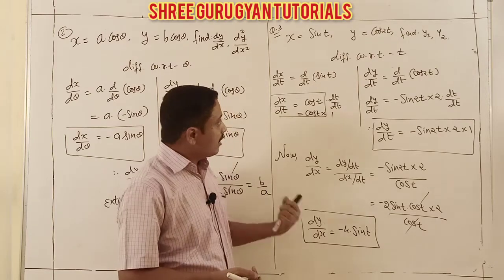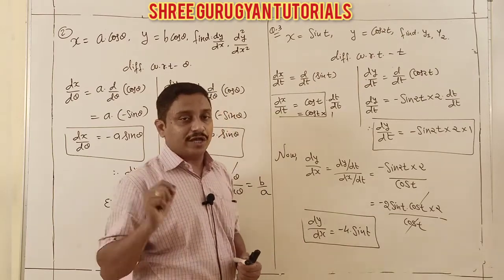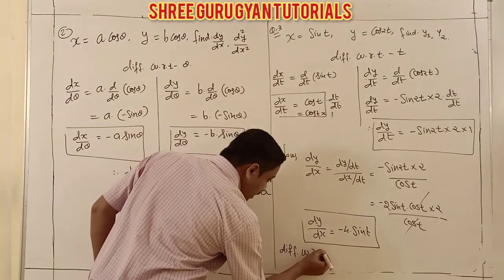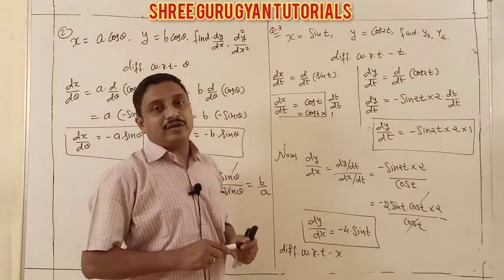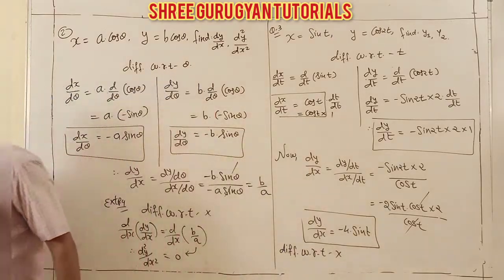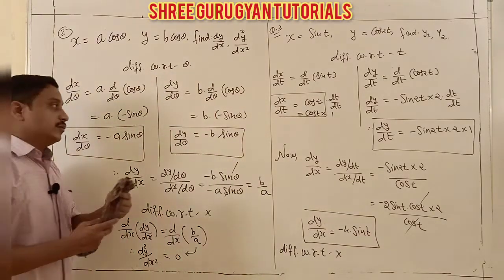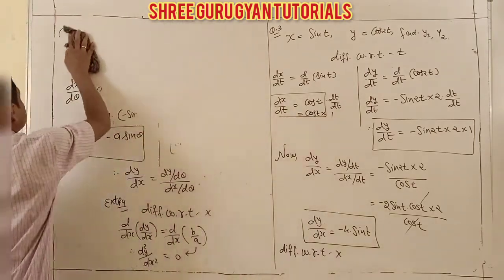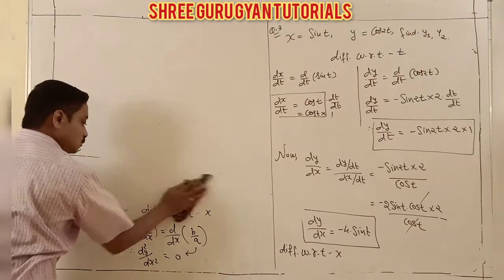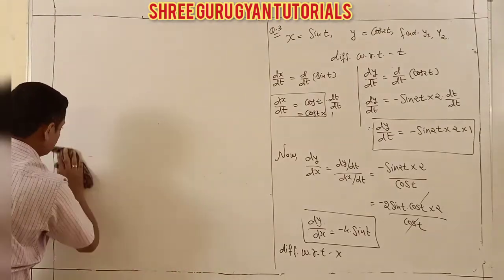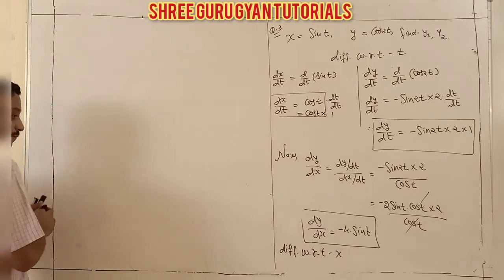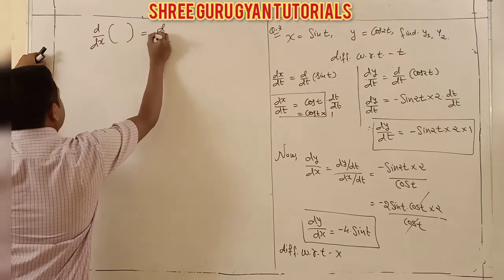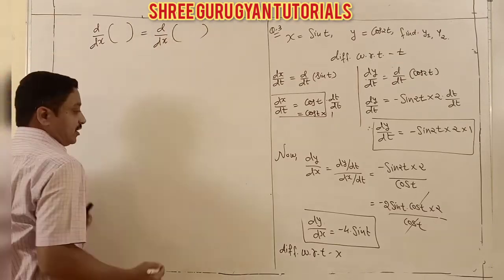Now I go to the second order derivative. Differentiation with respect to x, so d by dx of both sides.